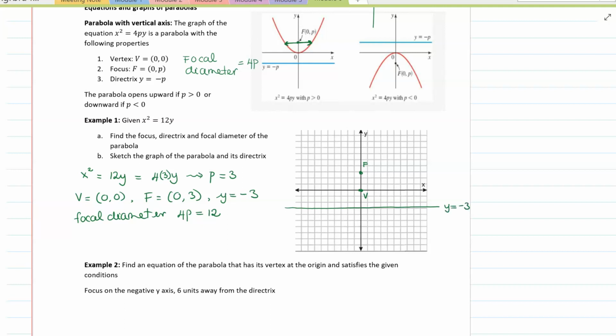Since the focal diameter is equal to 12, the distance from F to the point on the parabola is 6 each way. And because p is positive, the parabola opens up. So this is the parabola that we are looking at.